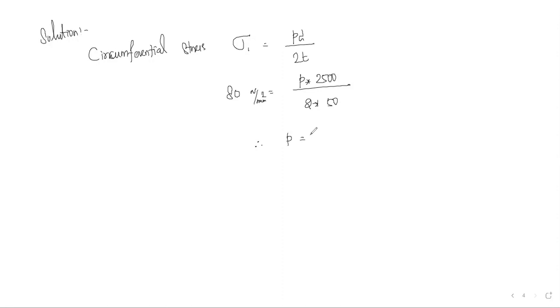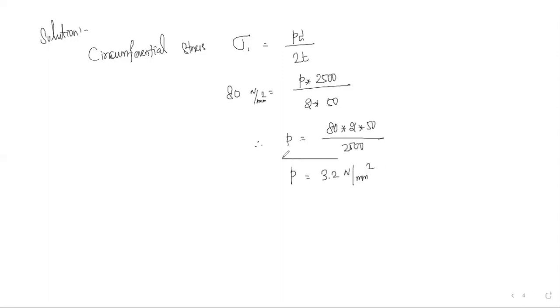Okay, so pressure and stress both have the same unit, Newton per mm square, no issue. If I keep the P here, then 80 into 2 into 50 divided by 2500 gives pressure intensity P equal to 3.2 Newton per mm square.